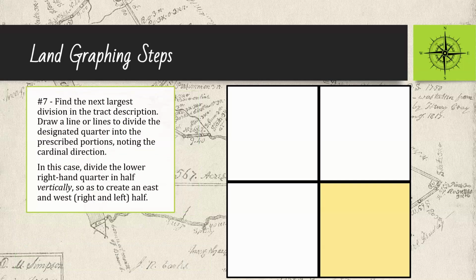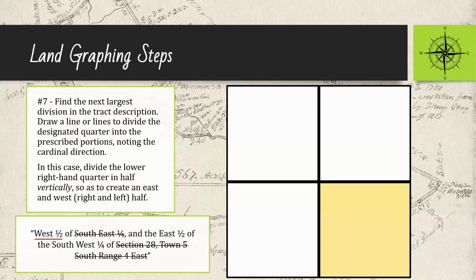And then keep making that smaller. We need to divide this up in fractions according to what that said. So we need to find the west half of this southeast quarter, which is this little slice. This is the first portion of the tract of land that this person is buying, the west half of the southeast quarter of the section.